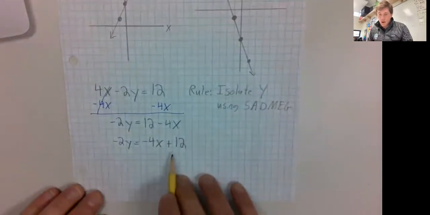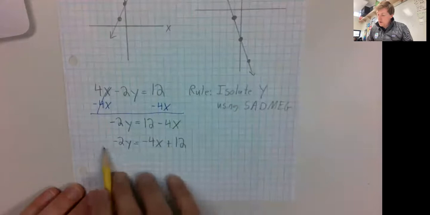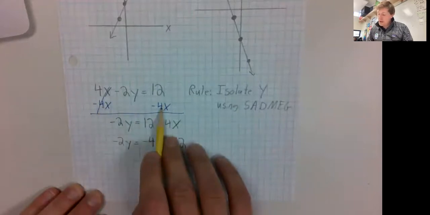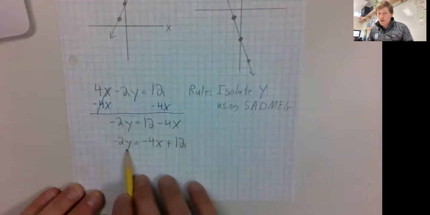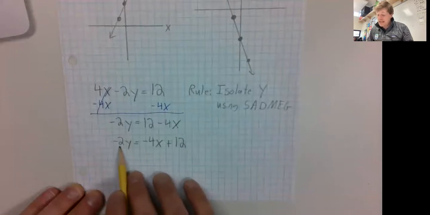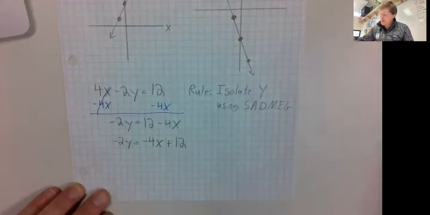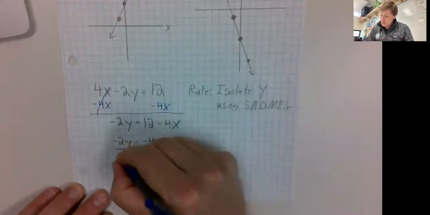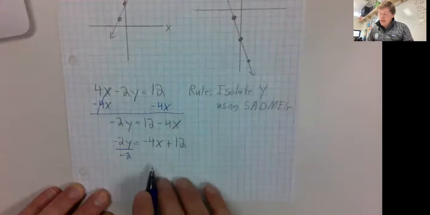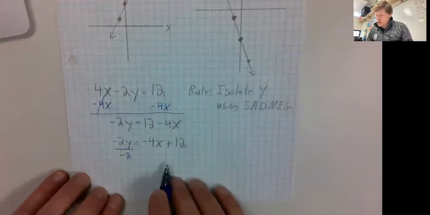So we've taken the 4x from this side and brought it over here. Now I've got one more step to isolate this y. Right now it's being multiplied by a -2, so I need to divide by a -2. And here's where something new is happening.